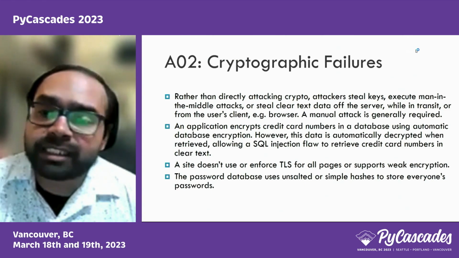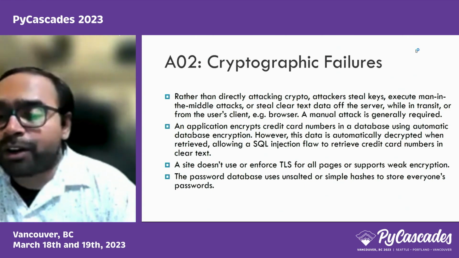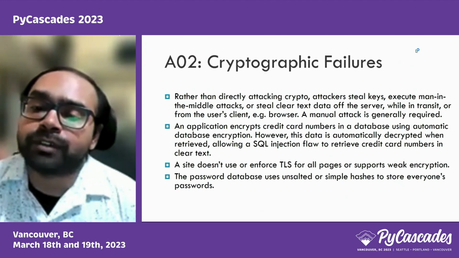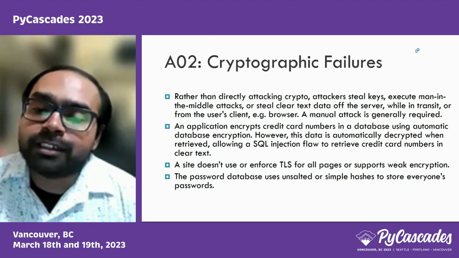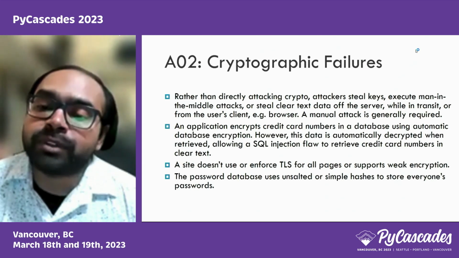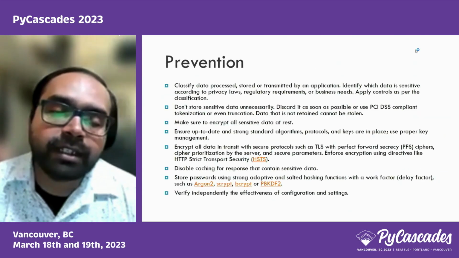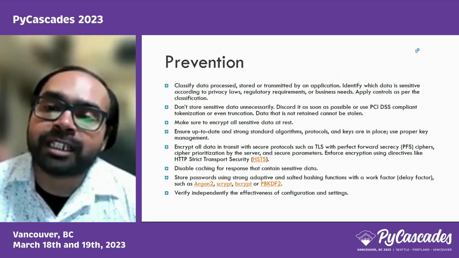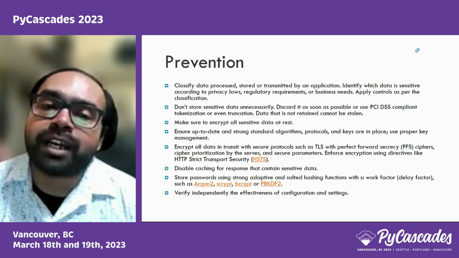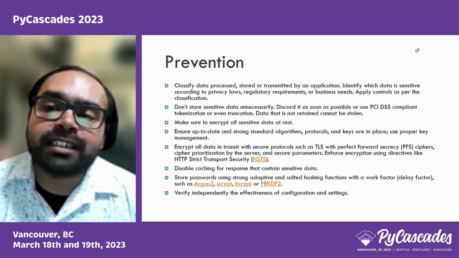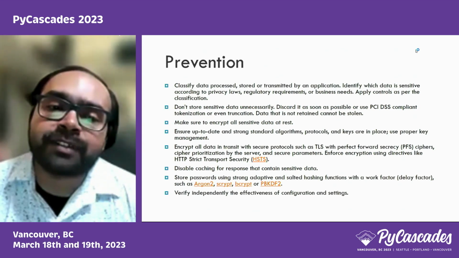A salt is a special string which can be concatenated with the password before hashing to make it more complicated, to make the life of the hacker difficult so that he is not able to guess or compute the hash codes easily. Now, the solution is to classify the data processed, stored, or transmitted by the application. Identify which data is sensitive and which is not, according to laws, regulatory requirements, or business needs. Then apply controls as per the classification.